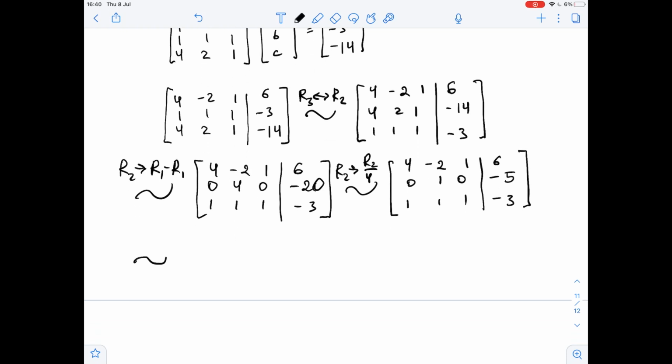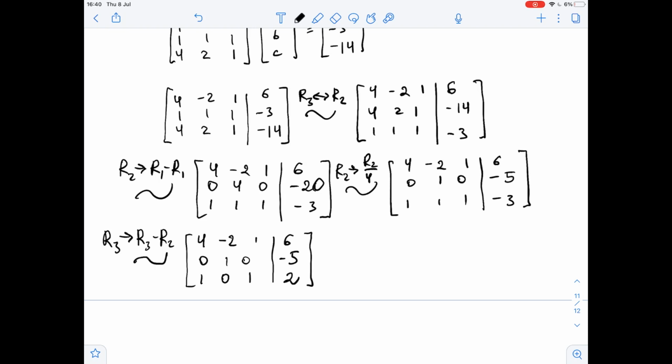Now let's subtract our second row from the third row. So row 3 becomes row 3 minus row 2. Our matrix becomes 4, -2, 1, 6, 0, 1, 0, -5, and here we get 1, 0, 1, and -3 minus -5 is 2.